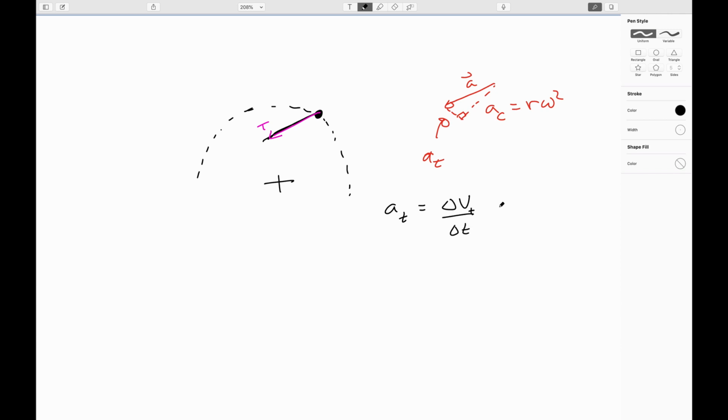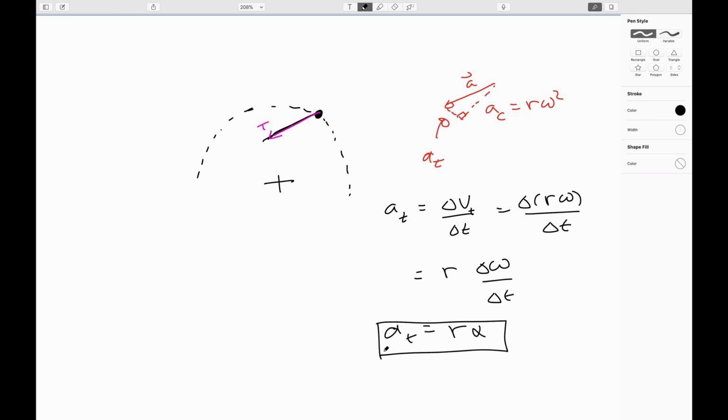But the tangential speed is r omega. Under the rigid body approximation, the radius of the circle isn't going to change. So the change in r times omega is the same thing as r times the change in omega. So we write that as r times the change in angular velocity over time, to get that the tangential acceleration is equal to r alpha.